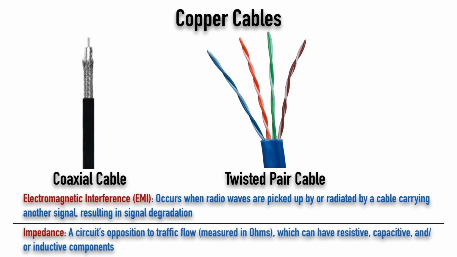Another term we need to know is impedance. And impedance is really a combination of resistance, capacitance, and inductance, but impedance can degrade an electrical signal over a distance. And because of this impedance, there are some distance limitations that we have on copper that we don't necessarily have on fiber.